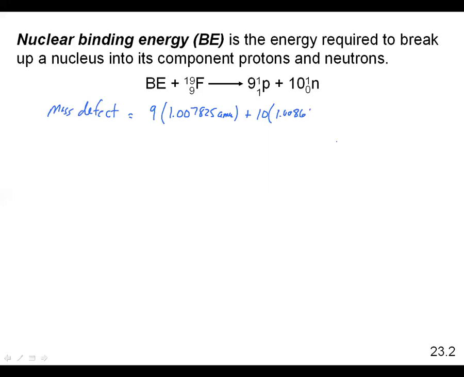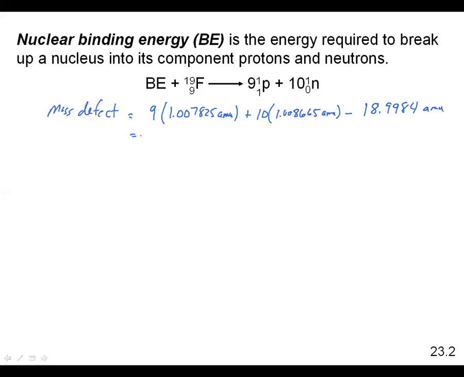And as you remember, the mass of a neutron is the largest of all those particles, just barely beating out the proton. And the atomic mass of this isotope is 18.994 AMU.